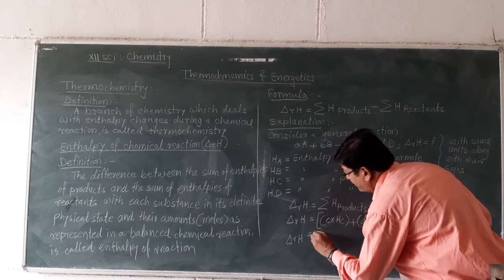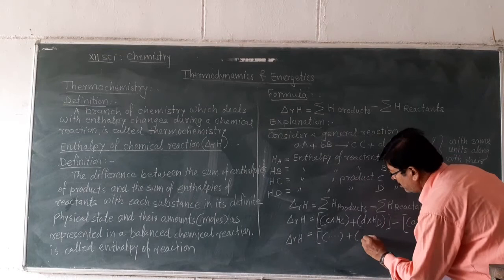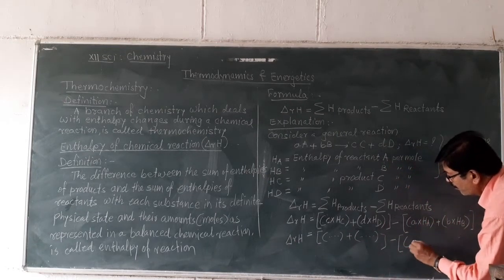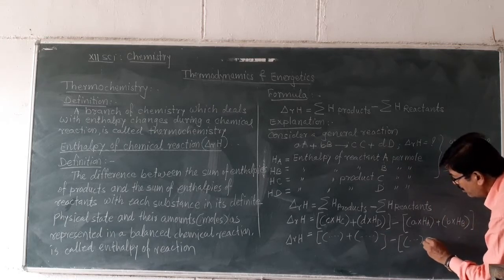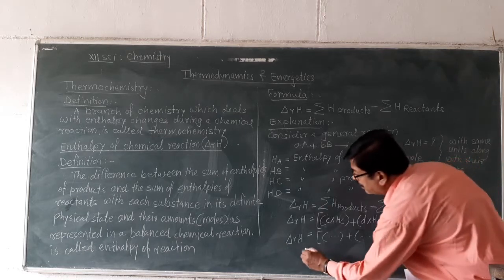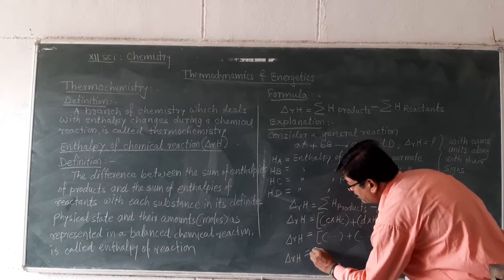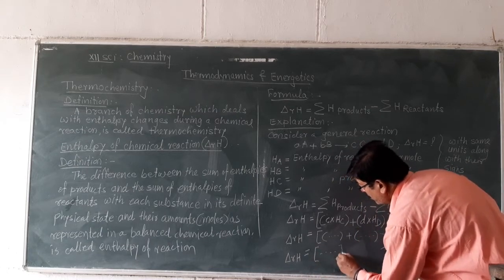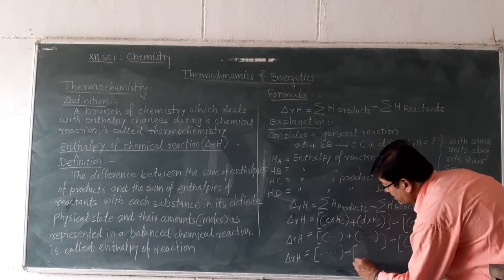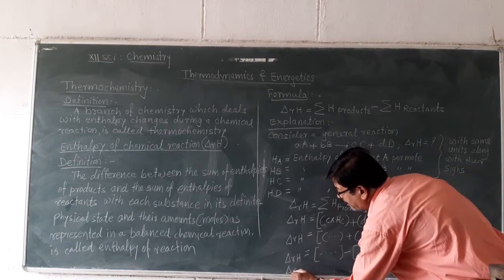You will get the enthalpy of reaction like this: bracket for products minus bracket for reactants, and finally you will get the answer.